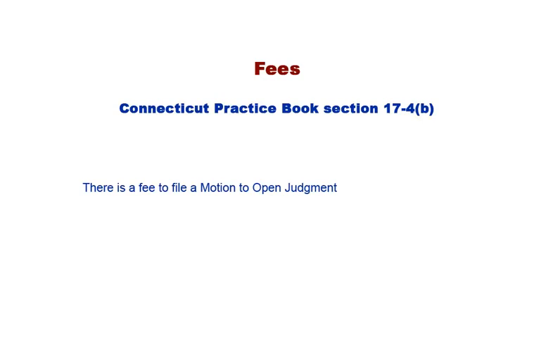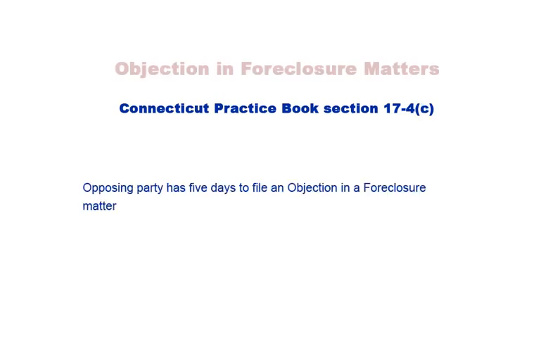To file a motion to open in any other type of civil action, except for juvenile, is $130. If a party is not able to afford the fee, he or she can file an application for waiver of fees, Form JD-CV-120, available on the Judicial Branch's Official Court Web Forms page.